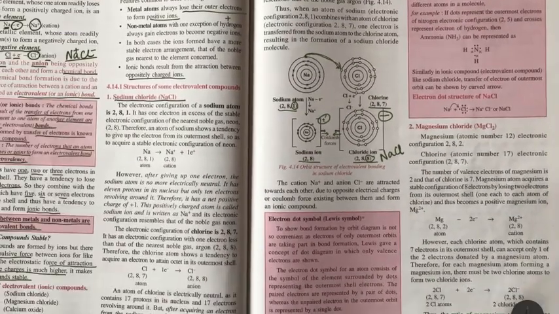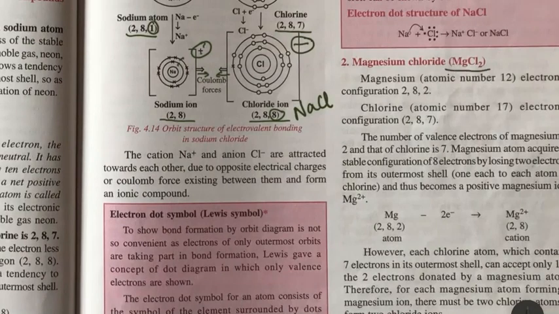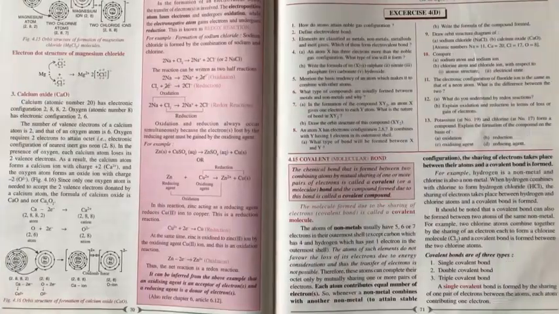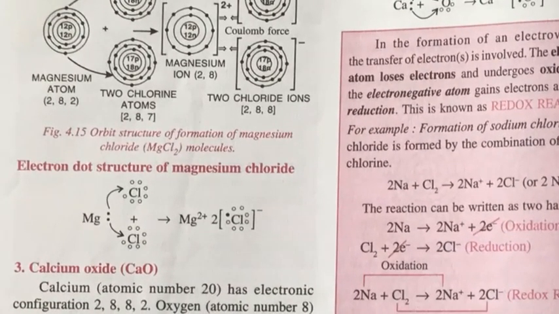Now next we will talk about the formation of magnesium chloride. Take a look at this diagram now. Magnesium chloride is MgCl2. That means how many chlorine atoms must you take? You have to take 2 chlorine atoms. So this is the electronic configuration of magnesium, 2, 8, 2, and chlorine 2, 8, 7.